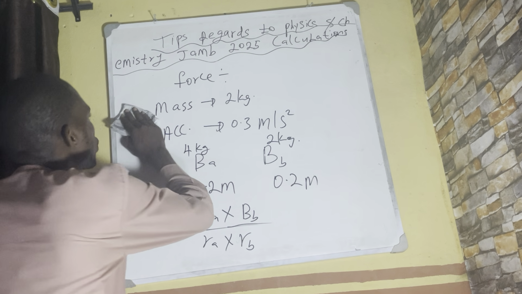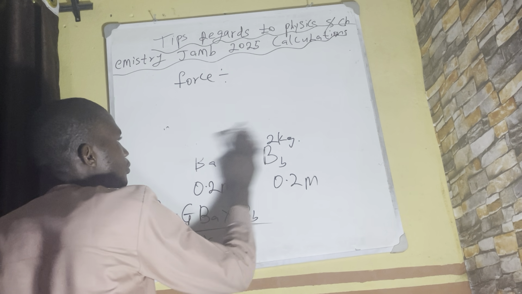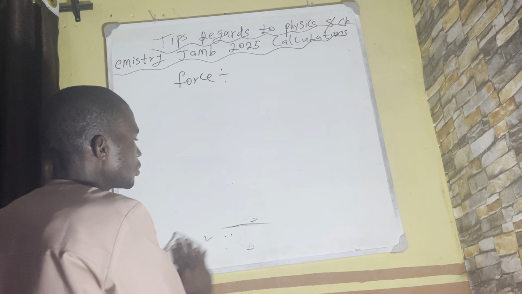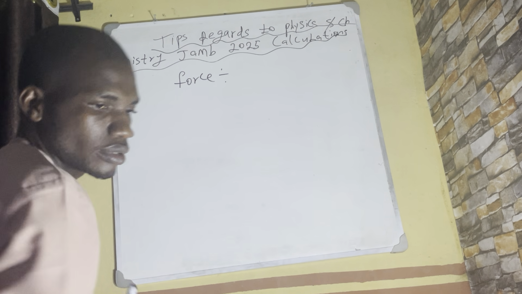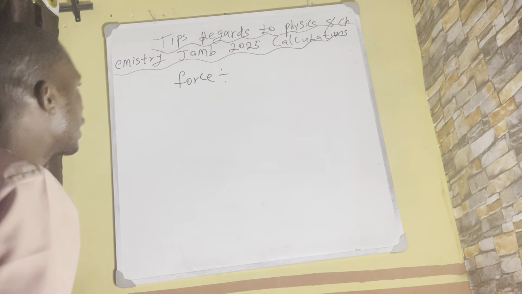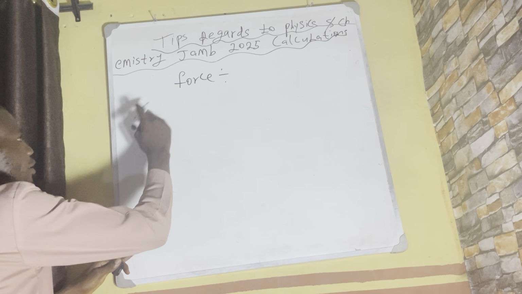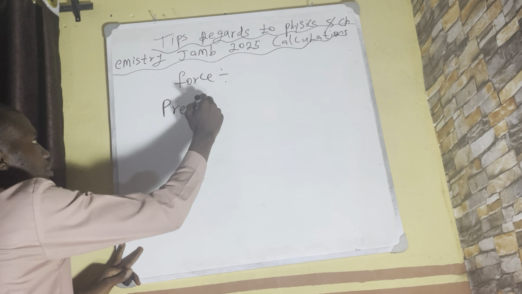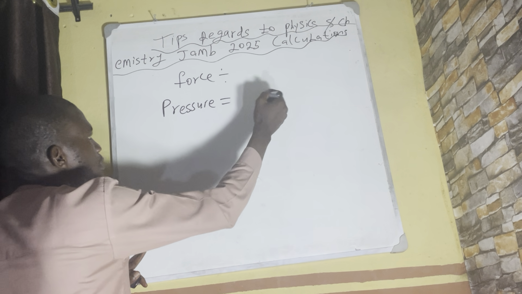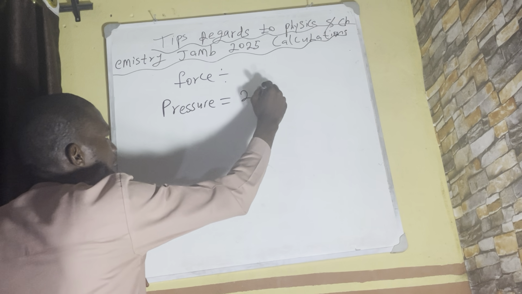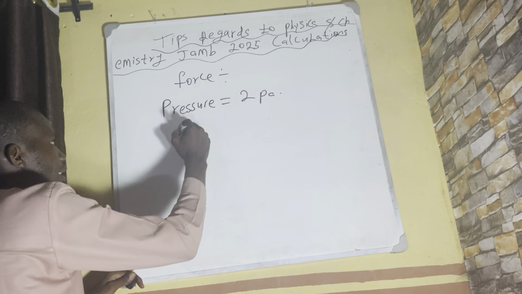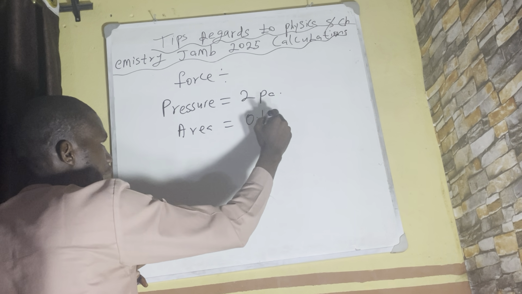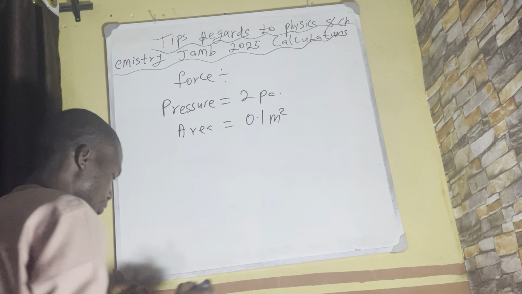Let's go to some examples attached to force. They can give you pressure and area. Pressure 2 Pascal, area 0.1 meter square.